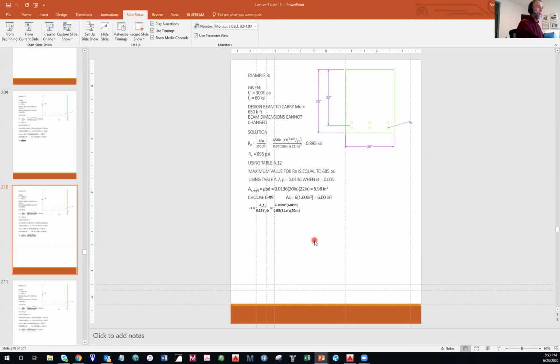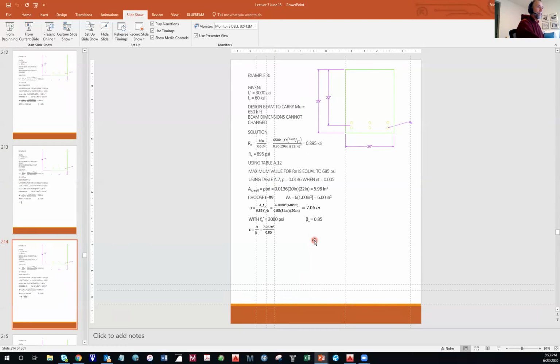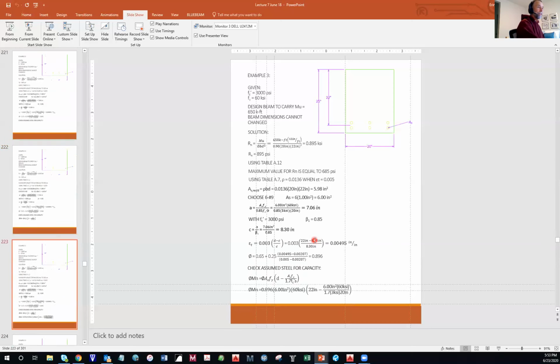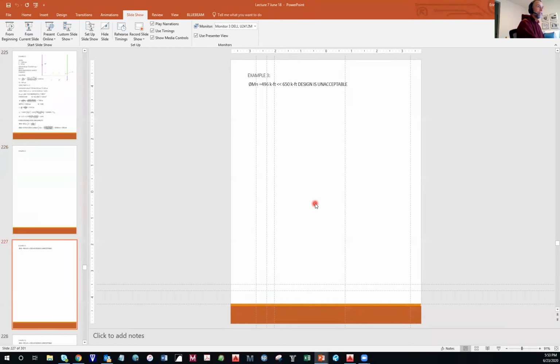I didn't back calculate using Rn, but I calculated the maximum moment that you can get with the maximum steel. And that's where we got Mn equal to 496. They got Mn1 is 893.8. And see how they divided it by phi?